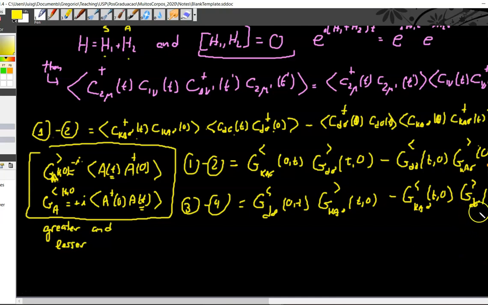G greater, I'm gonna write it down here too, G greater d sigma 0t, okay? Let me erase this thing, and this part you cannot see anyway. This is G K A sigma at 0t as well, okay? So let me erase this.